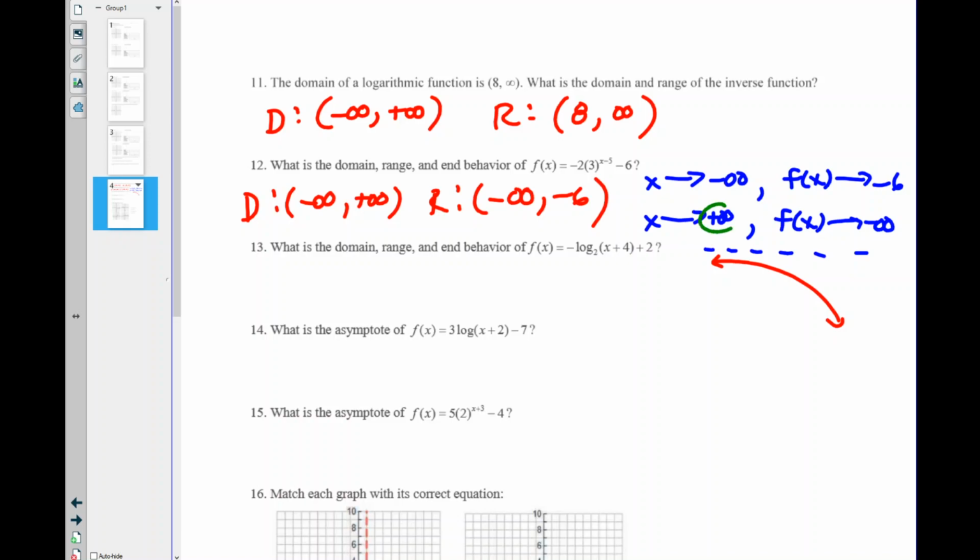Another thing you might want to pay attention to, if you look at all those values, where else do you see them? Where else do you see two negative infinities, a positive infinity and a negative 6? Where else on the screen? Yeah, if you look at the domain and range. So maybe that'll help you catch some mistakes.